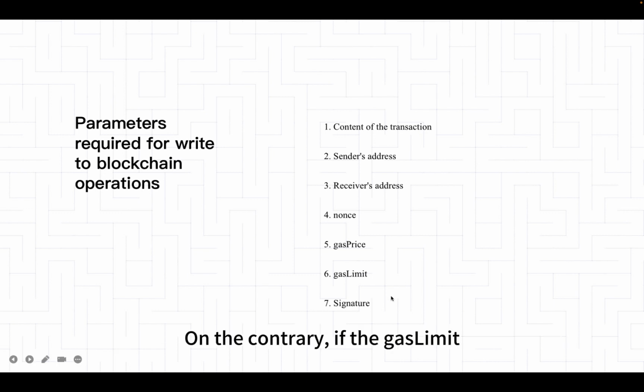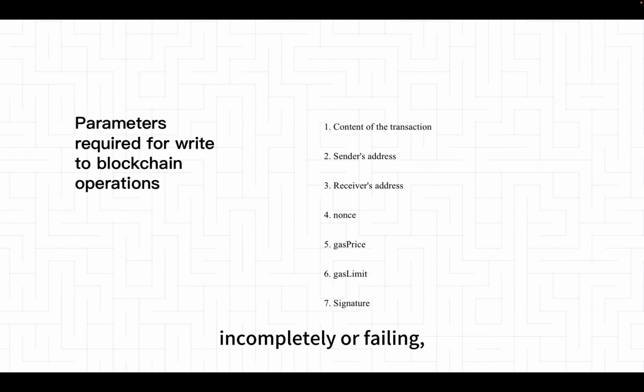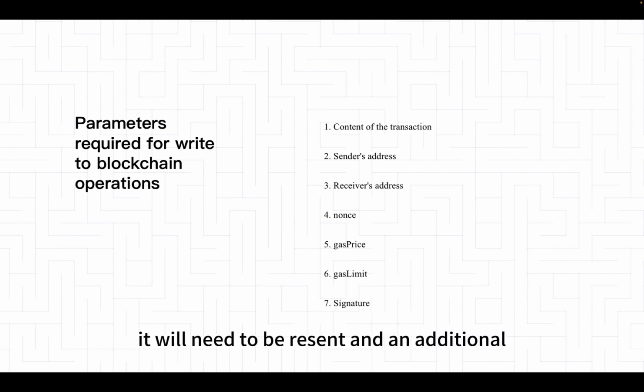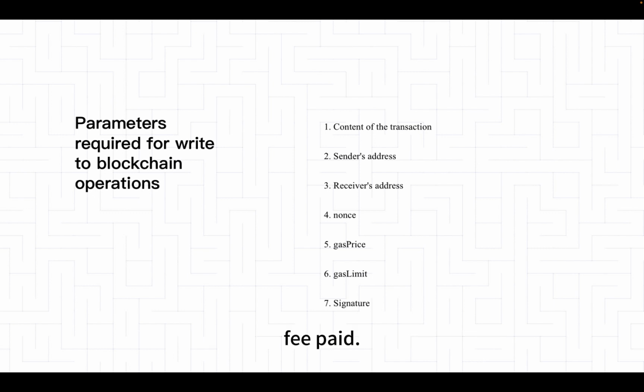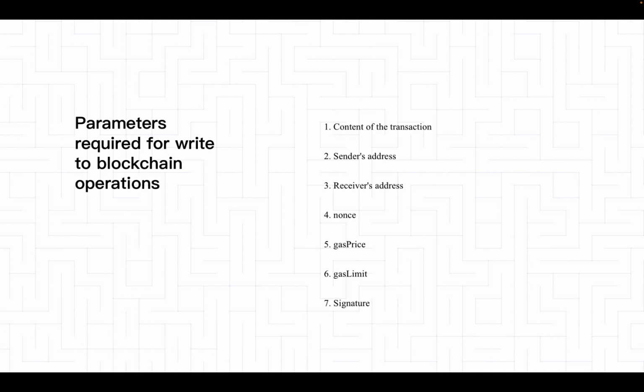On the contrary, if the gas limit is set too low, resulting in the transaction being executed incompletely or failing, it will need to be resent and an additional fee paid. This means that even if the transaction fails, the sender will still pay the base fee in the transaction fee, which is a fixed fee independent of the amount of gas used.